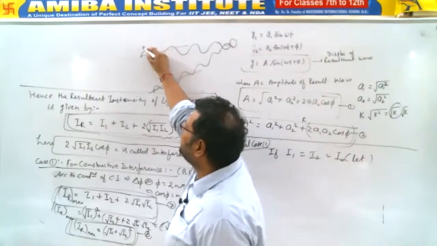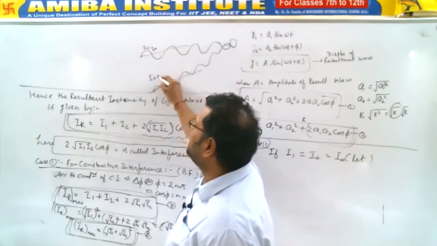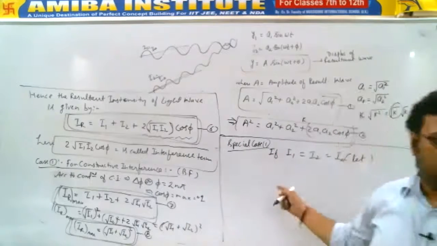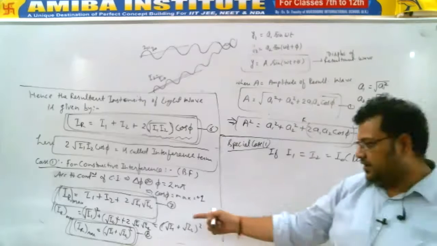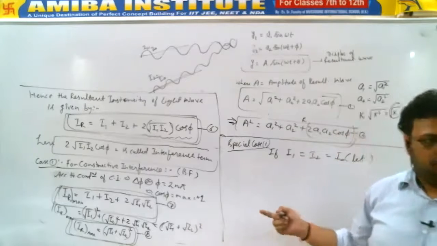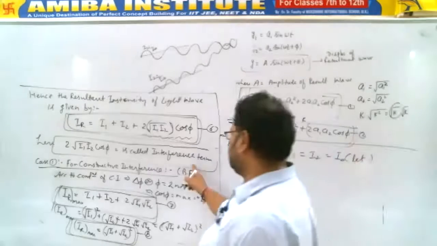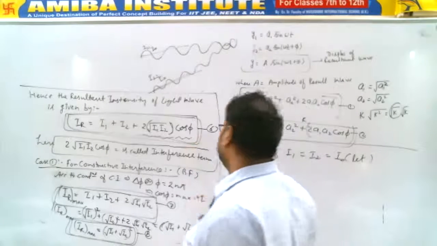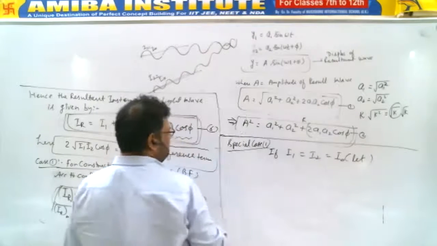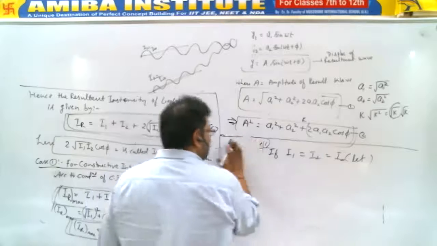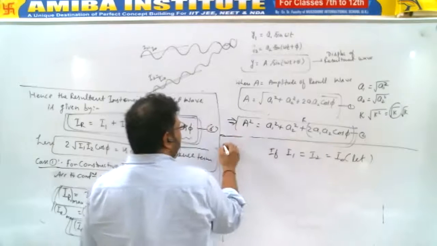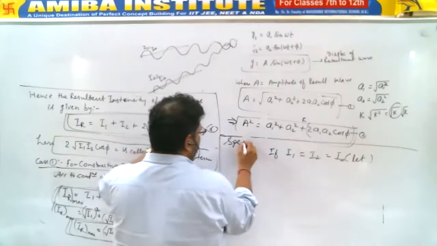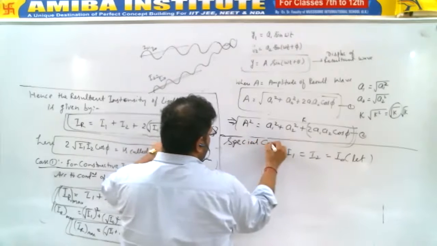It means I1 is also I naught, I2 is also I naught. Then what should I substitute here? Under root I1 as I naught, right? Let it be a special case only, so I'll substitute directly here.